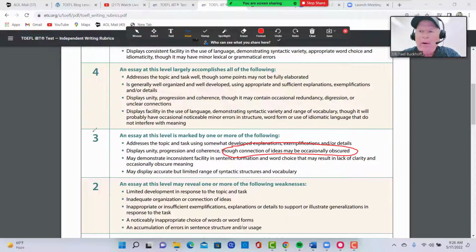So that third paragraph, the topic sentence didn't connect back to the thesis. So there were some connection issues there. May demonstrate inconsistent facility in sentence formation and also word choice. May display accurate but limited range of structures and vocabulary.